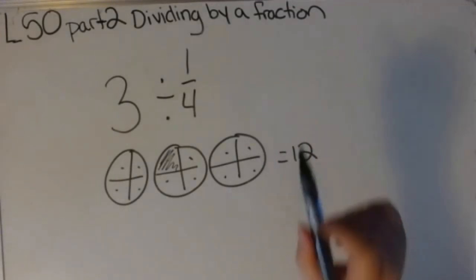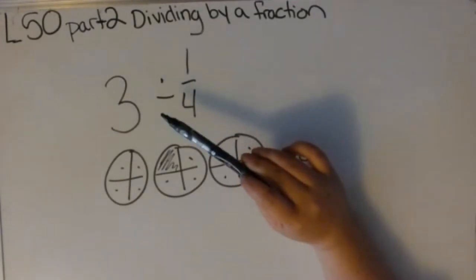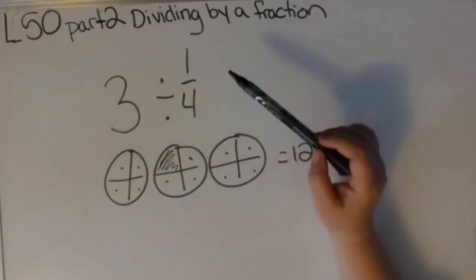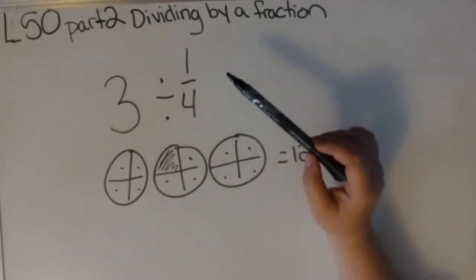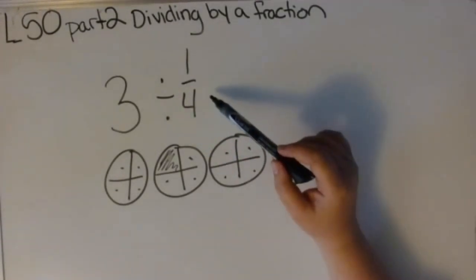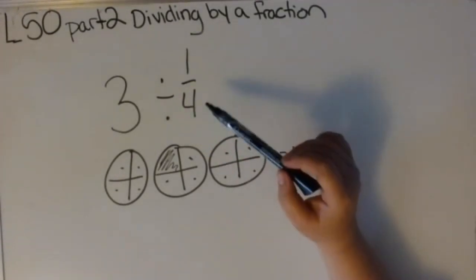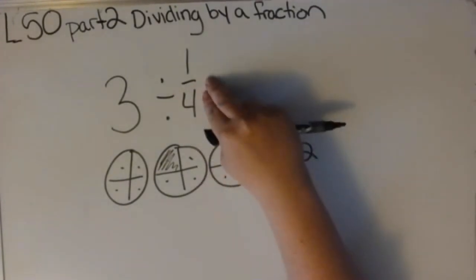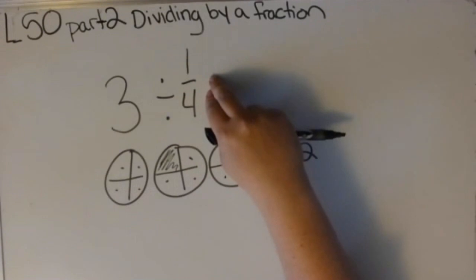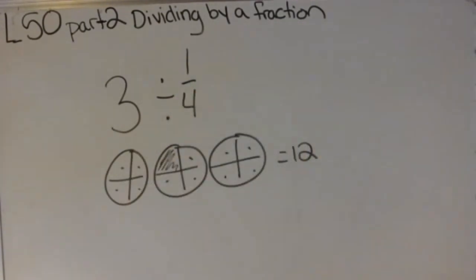Now, how you're going to solve this is you're going to come up here and say, okay, 3 divided by 1/4, I don't know the answer to that. But I can do multiplication instead. So I find the reciprocal fraction of 1/4, which is 4 ones. But because I've switched this fraction, I need to switch this. Because I'm doing the reciprocal now, I'm doing multiplication instead of division.